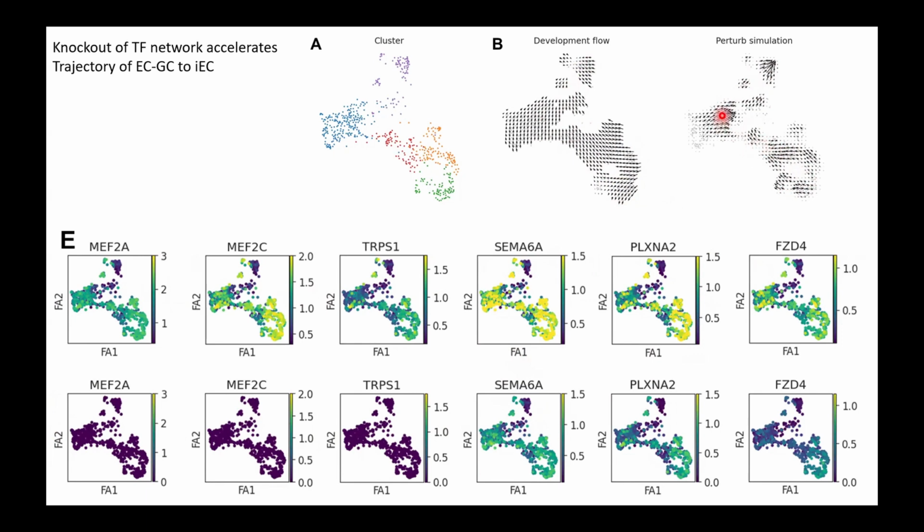So this is the new development, the perturbed development flow after the simulation of the KO, the in silico KO. And you can see that essentially the cells progress faster to this injured phenotype.